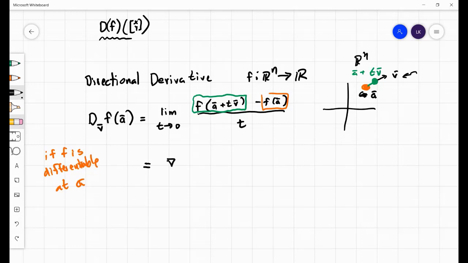Then it's just the gradient of the function, or the derivative, if you will, times v. So this is a triangle for gradient. It's the del operator. And this is the direction vector. And so you can think of it as a dot product as well. I tend to think in terms of matrix multiplication, so I don't usually write dot product, but it's a dot product, if you will. Okay, so let's look at an example. We'll use the same function as before.